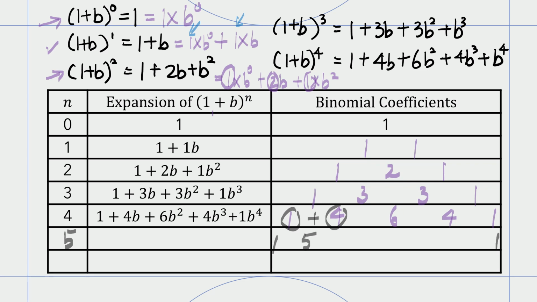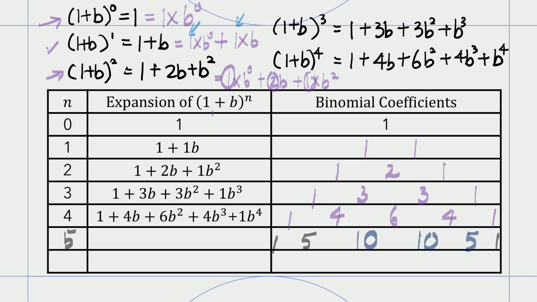That gives you 5. And then the next number will be 4 plus 6, that gives you 10. And the next one will be 6 plus 4, 6 plus 4 gives you 10. 4 plus 1 gives you 5.